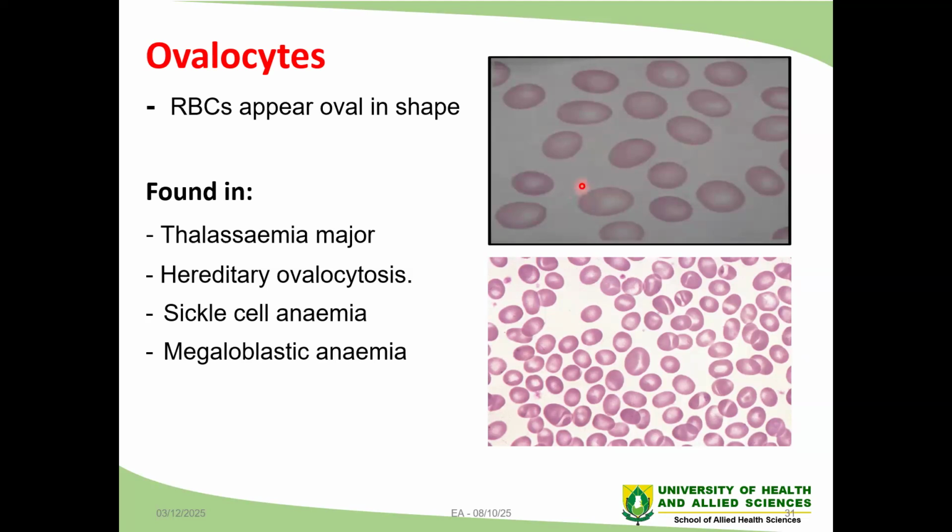So you may just happen to see a few of them like that in a normal blood film. The problem is when the numbers are increasing. But if you come across them occasionally, there's no cause for alarm. Conditions such as thalassemia major, hereditary ovalocytosis, sickle cell anemia, and megaloblastic anemia may present with these ovalocytes. So when you come across ovalocytes, open your eyes, take your time and investigate more.